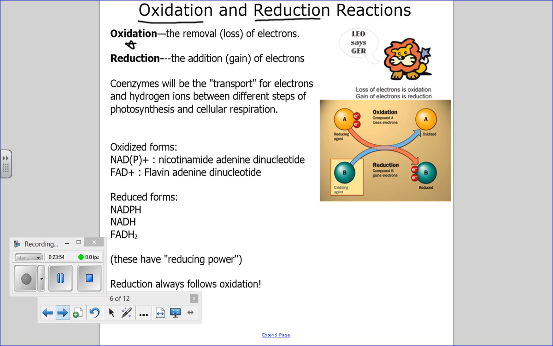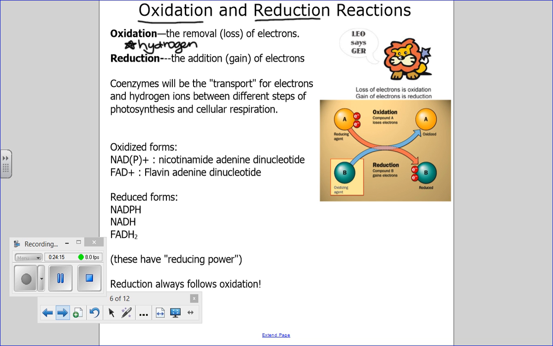Now, in our particular case, we're going to be talking about things that are attached to hydrogen. And so we're going to focus on hydrogen. But in general, losing something is oxidation.